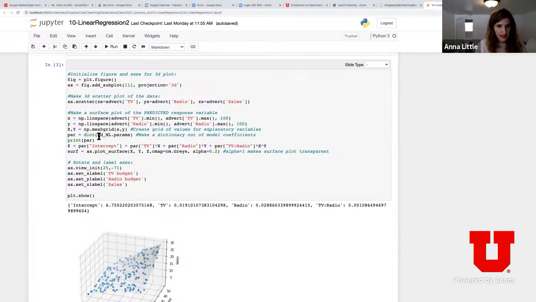This is stored in the output, ADNL.params. So that's where the coefficients get stored.